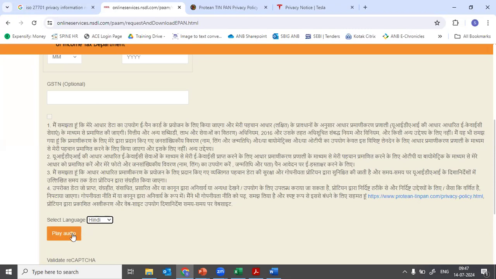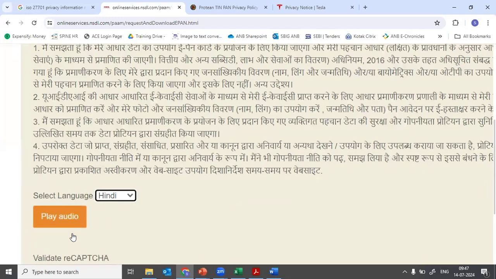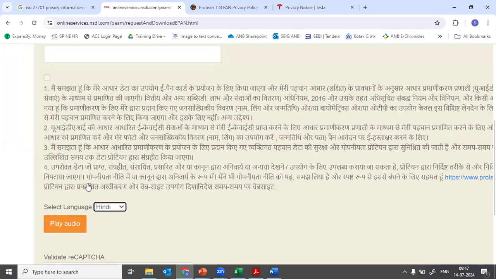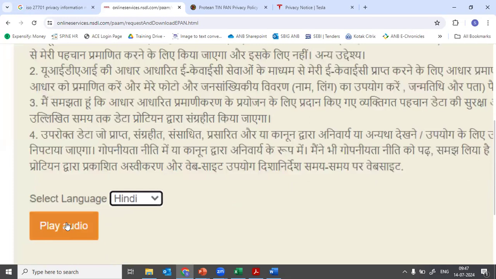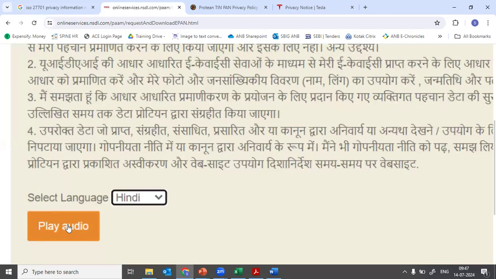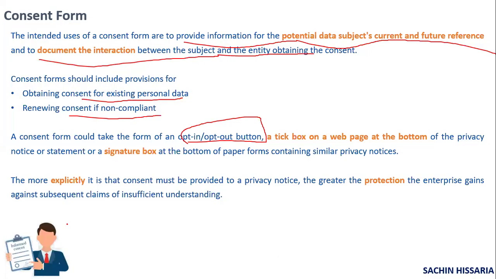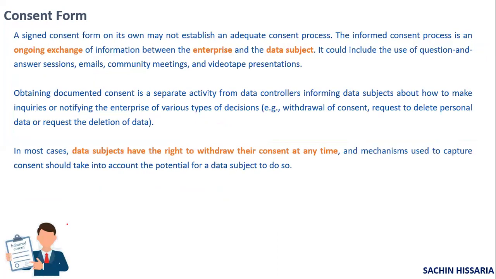And suppose there is a visually challenged person from whom you are collecting personal information, for that also you have made a mechanism where that person can play the audio. Okay, so the company needs to define those kinds of procedures for how they would be collecting this information, and they will write that consent in simple language as far as possible.